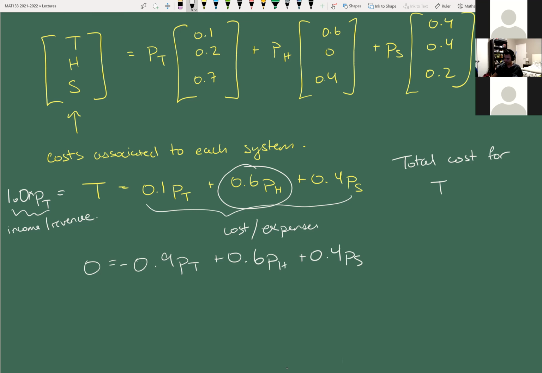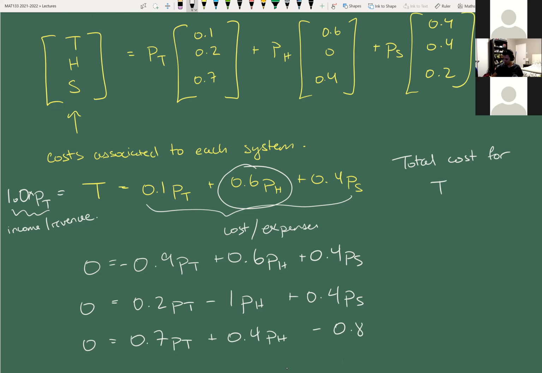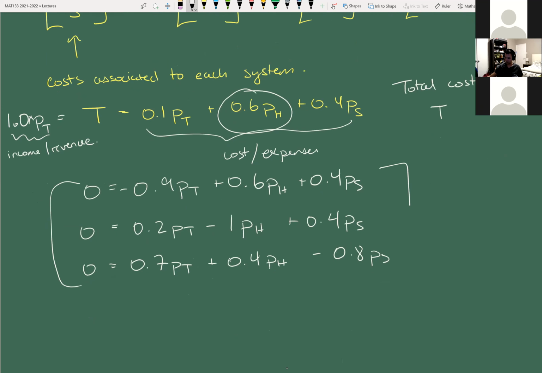And so you do that with the other equations as well, and you should get 0.2 PT minus 1 pH plus 0.4 PS equals 0.7 PT plus 0.4 pH minus 0.8 PS. Right? And then you just solve this linear system.